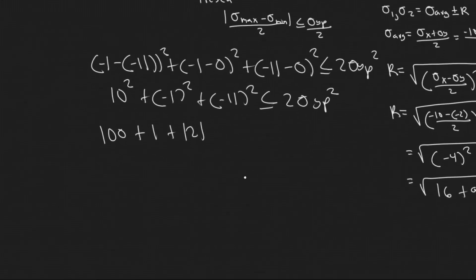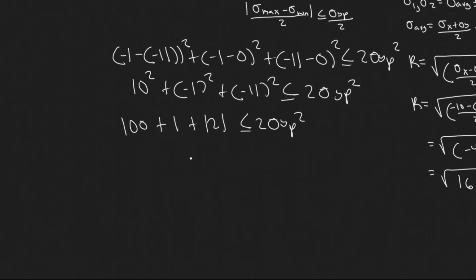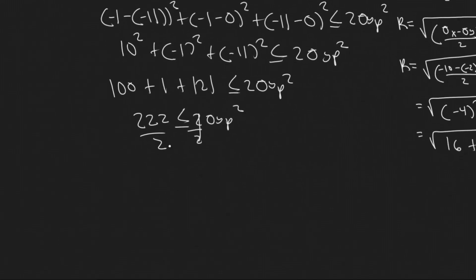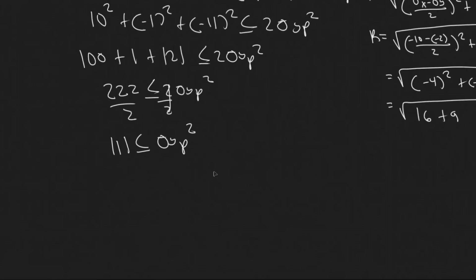So this is what we got. And then 100 plus 1 is 101, plus 121 is going to be 222. Yeah, 222. And then you're just going to want to divide by 2. So this divided by 2 is 111. It's less than or equal to sigma yp squared. And then you would just square root both sides to get rid of the square.